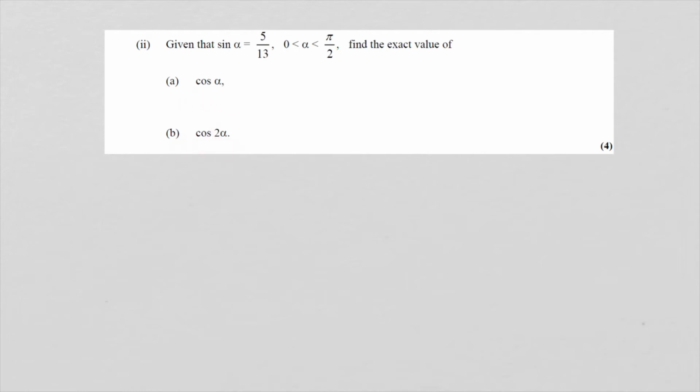So for cos alpha, first thing to do is to draw a right angle triangle. And this is the angle we're looking at. Let's call that B, and that's little b. Let's call that A, and that's little a. Let's call that C, that's a right angle, and that's little c.